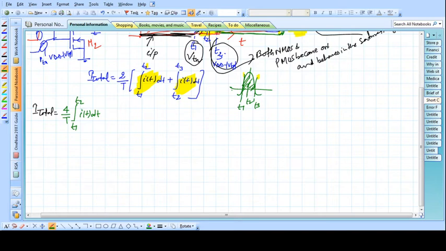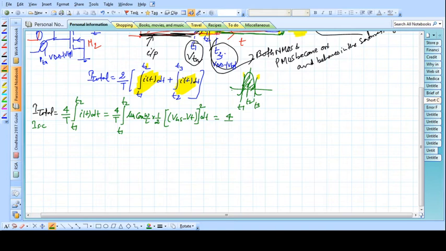Now we have to solve this for the short circuit current in the circuit, from the supply to ground, and this is in the saturation region. So we write 4 by T, T1 to T2, and this can be mu n Cox W by L times 1 by 2 times (VGS minus VT) whole square dt, general formula first.